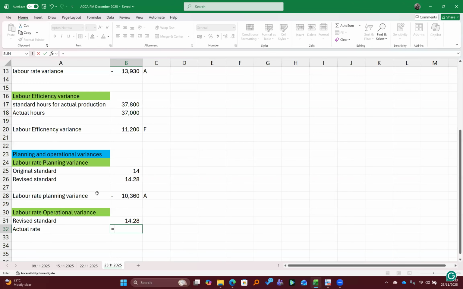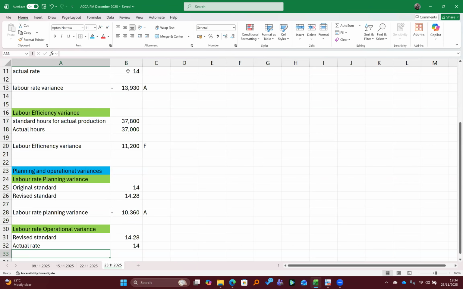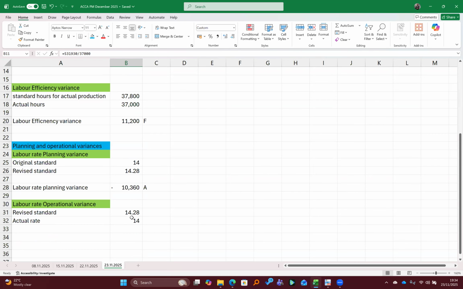What was the actual rate? I think this one is not exactly 14. It is 14.38, okay, when you round it.